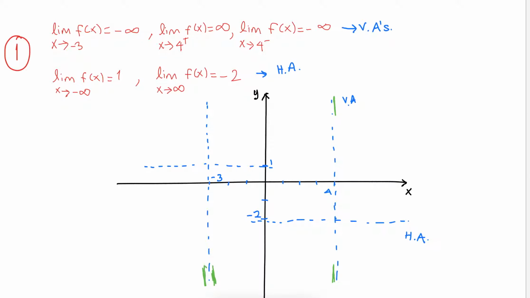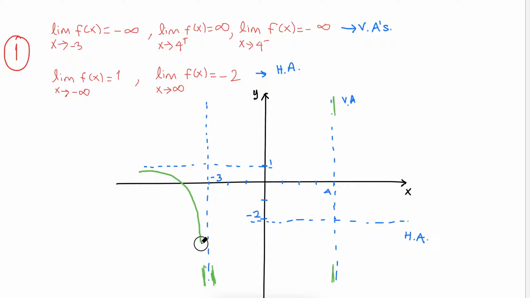Now we can sketch the graph. So I'll make my pen a little thicker. So on the left side, I want to have a horizontal asymptote at 1. So a possible function could be something like this. On the other side of -3, I want to start from here. And then I want to end up here.